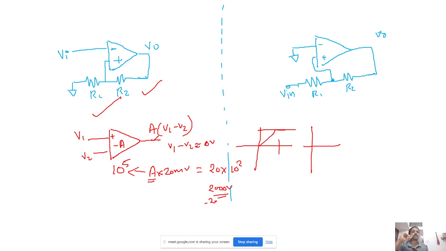It is similar to a comparator circuit, and the output either goes very high, say plus 2000 or minus 2000, or plus VSAT or minus VSAT. Instead of 2000 volt, it will be VSAT, like 15 volt or minus 15 volt, it will saturate. So we have to consider that.